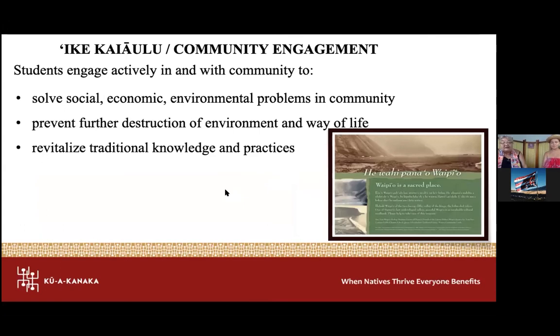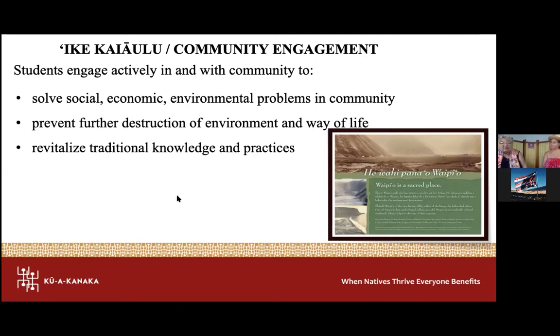Other things that students can do that are relevant is to solve real problems in the community, whether they're social, economic, or environmental problems and issues. They can become involved in community activities where community members try to do something about whatever it is that is causing a problem, or where they have an issue, rather than just waiting for somebody else to do it.